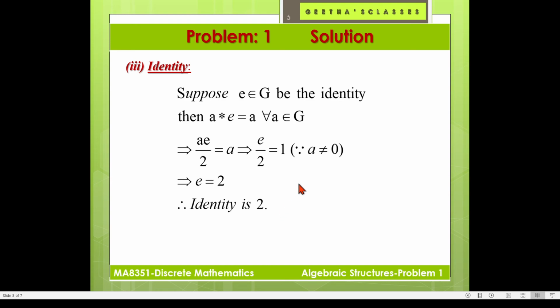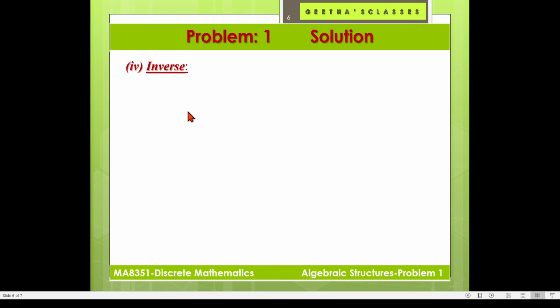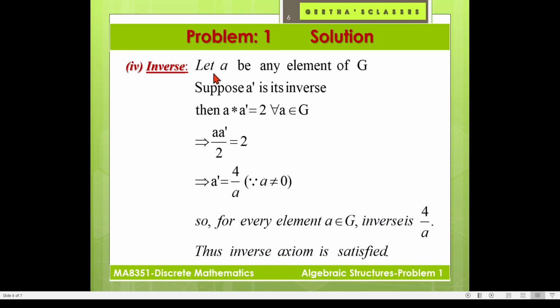Now coming to the inverse, the fourth property. Let a be any element of G. Suppose a dash is the inverse of this element a. Then a star a inverse equals e, the identity element. In the previous step we found the e value is 2, so we substitute that.